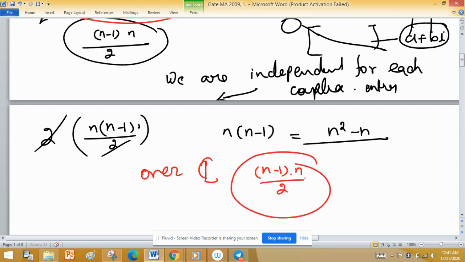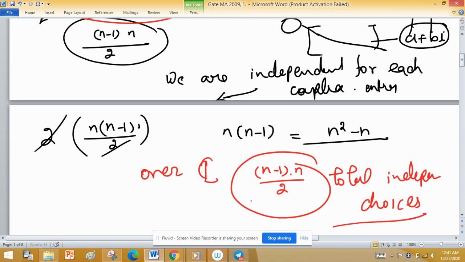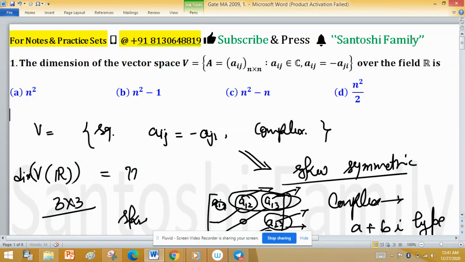These are the total independent choices for complex over complex, and this is over real. So the answer of this question will be option C.